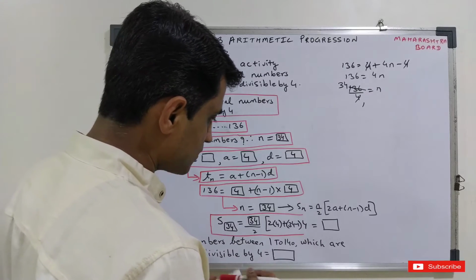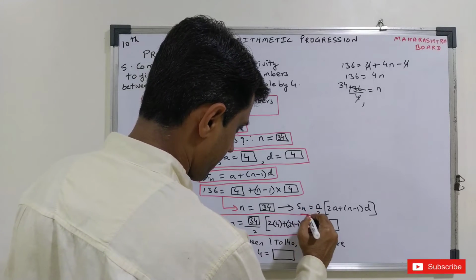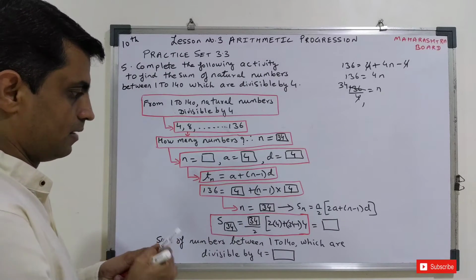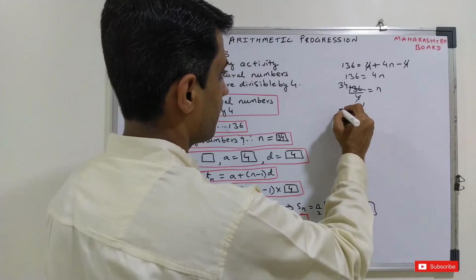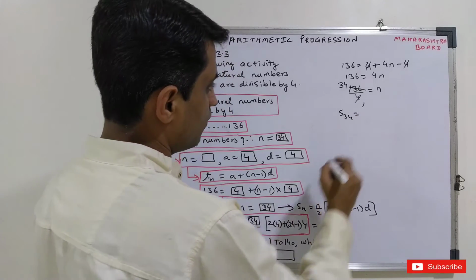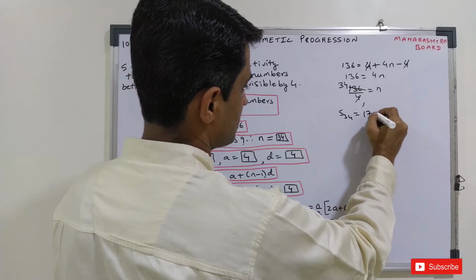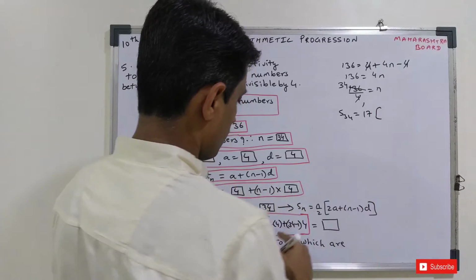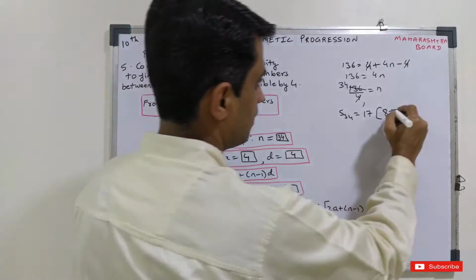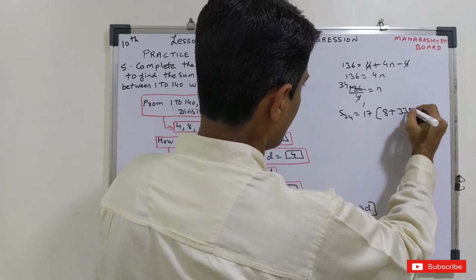So you write it this way, and now we will solve here. 34 upon 2, what is that? 17. Then 33 into 4.